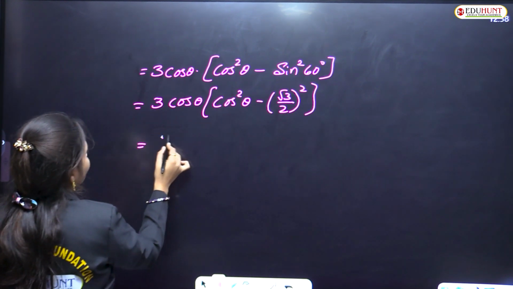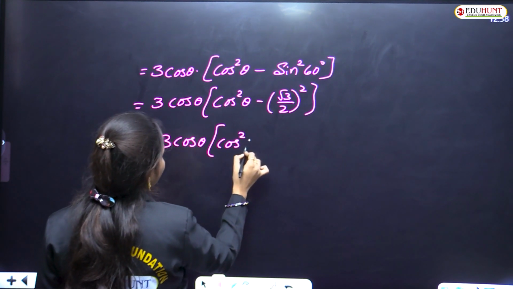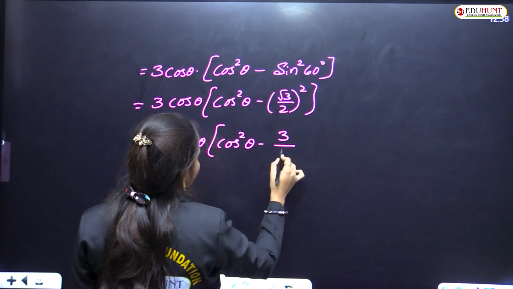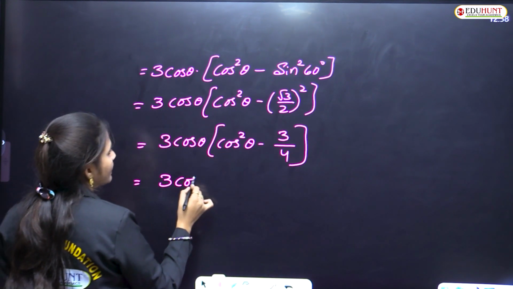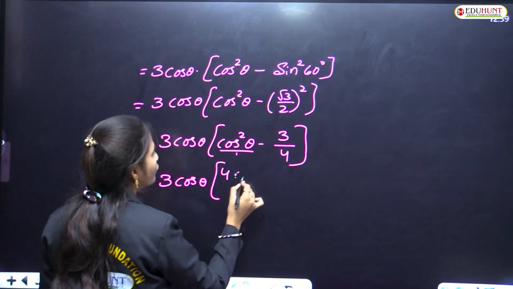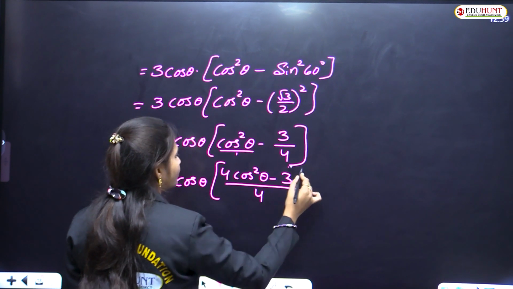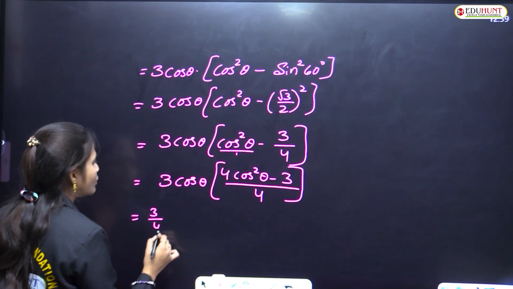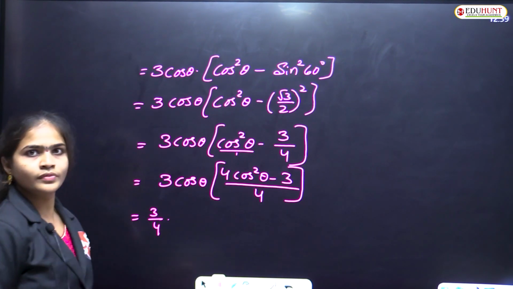Now 3 cos theta into cos square theta minus root 3 whole square is 3, and 2 square is 4. So from this, taking the cross multiplication, 3 cos theta into 4 cos square theta minus 3 by 4. Write the 1 by 4 outside. So 3 by 4 into 4 cos square theta minus 3 into cos theta.